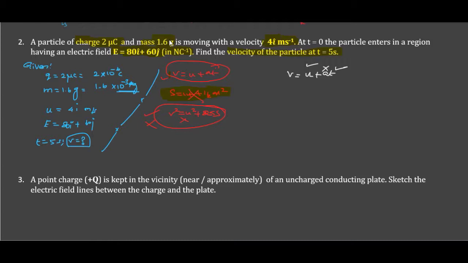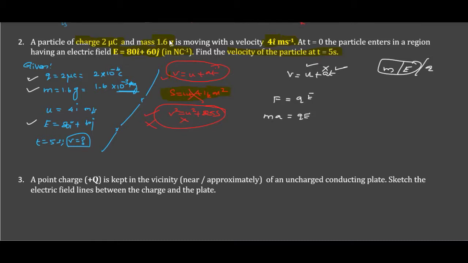Mass is given, E is given. So what is the relation? We have to relate the mass, the electric field, and the charge. We have studied that force is equal to Q into E, and force is also mass into acceleration.